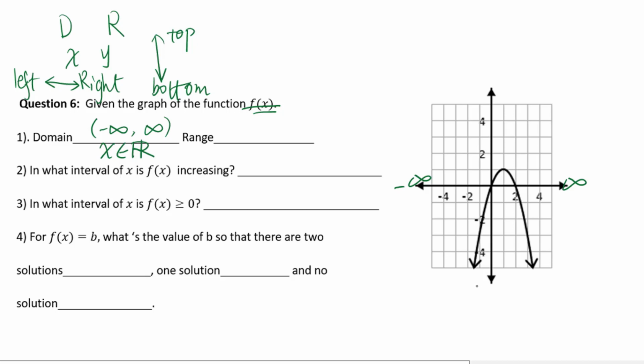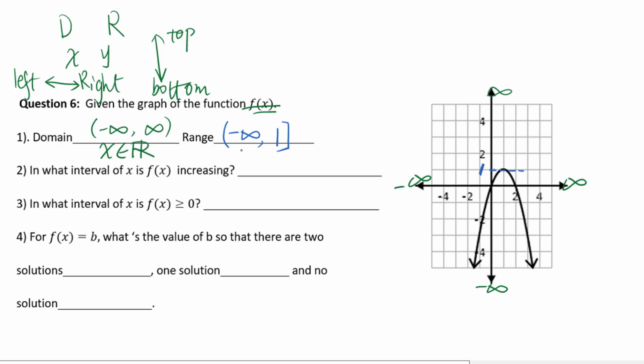For the range, no ending point at the bottom, but we do have an end point on the top. It's here. That is 1. Therefore, the range will be from negative infinity to 1.